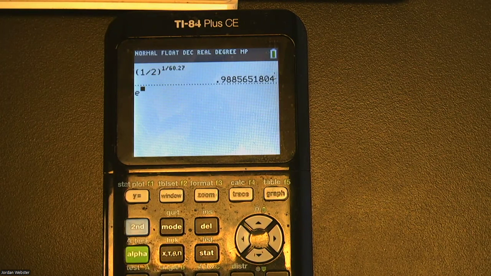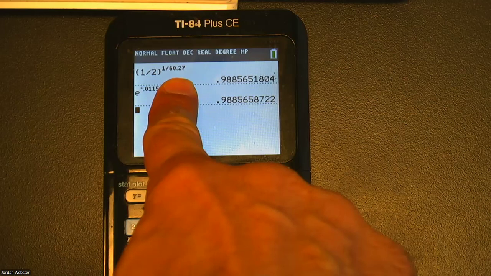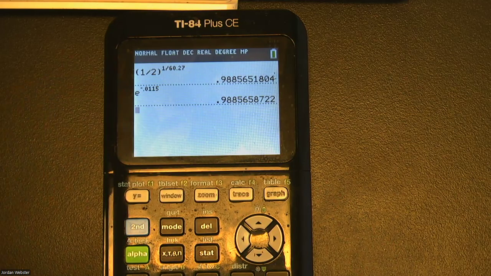If I took e to the negative 0.0115, sure enough, I get the same thing. Or at least it's very, very close because I rounded the 60.27 to 2 decimal places. So notice that these are essentially identical equations, just written differently.